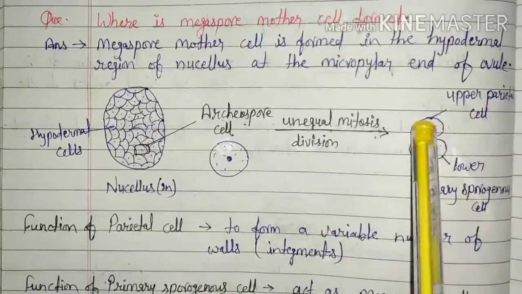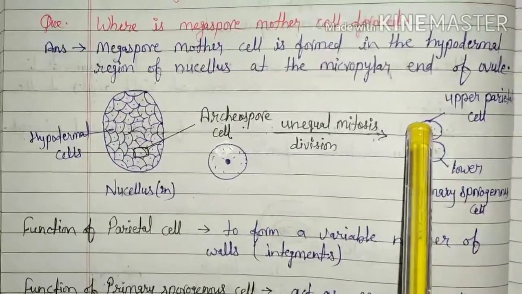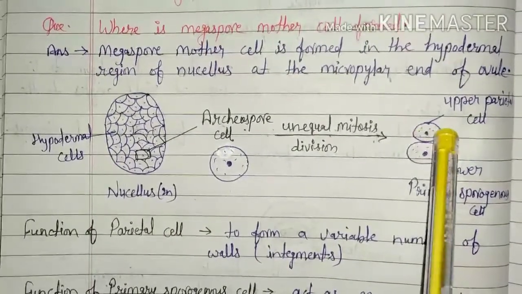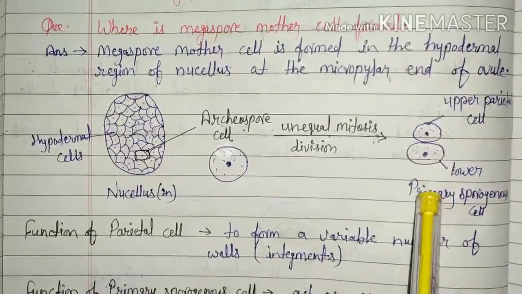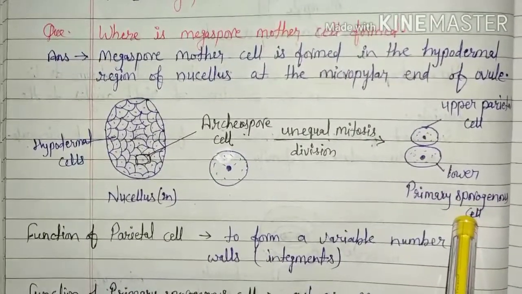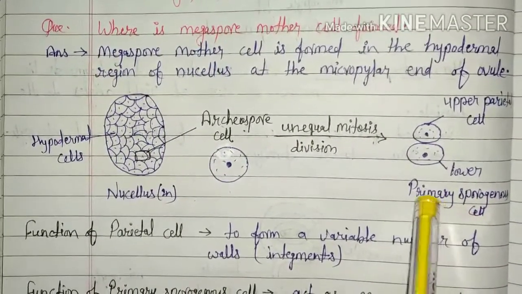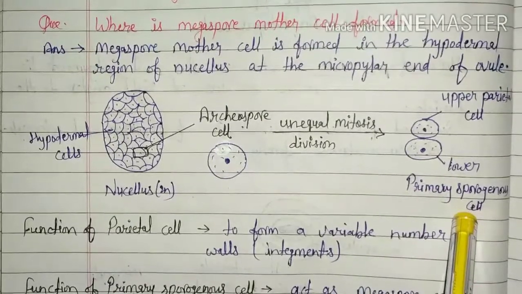The parietal cell forms a variable number of walls and the primary sporogenous cell is converted into the megaspore mother cell.